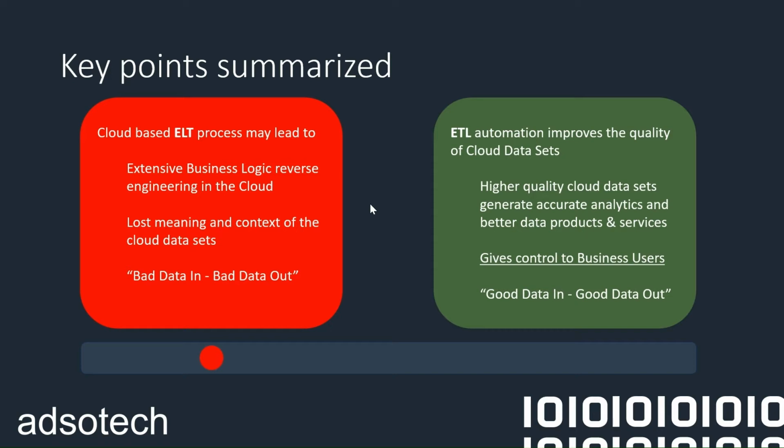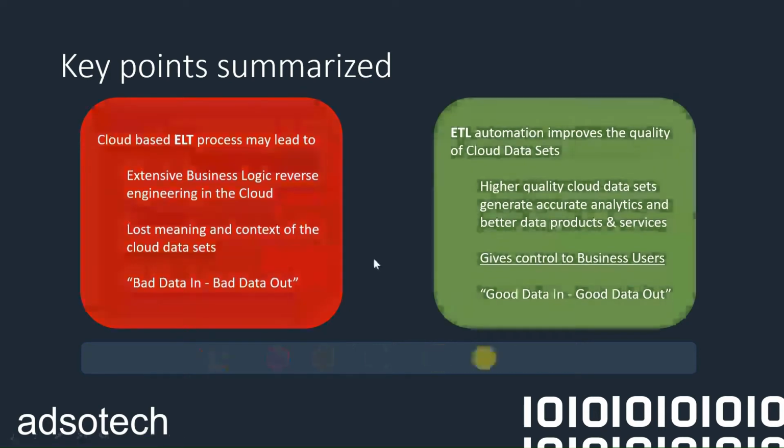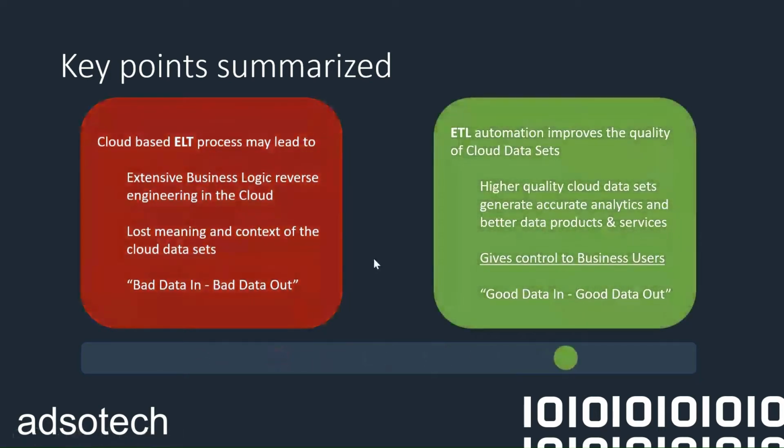However, when we are using a transformation process, ETL and automation, we can maintain higher quality data sets in the cloud. And these in turn result in better analytics, data products and services.